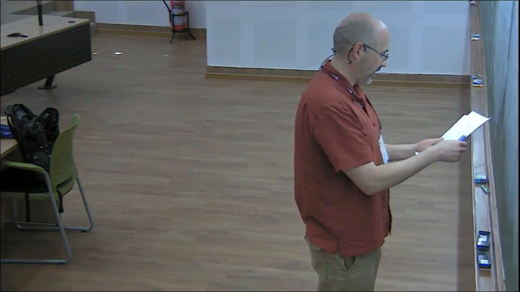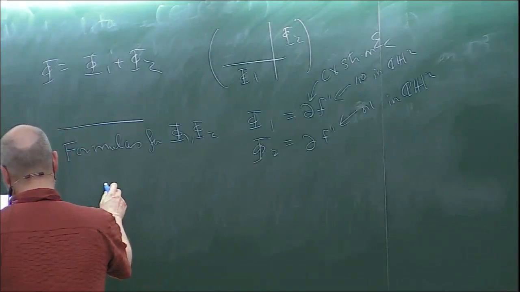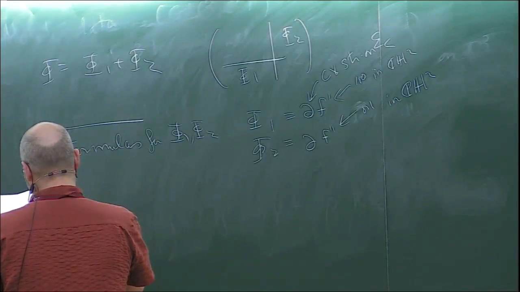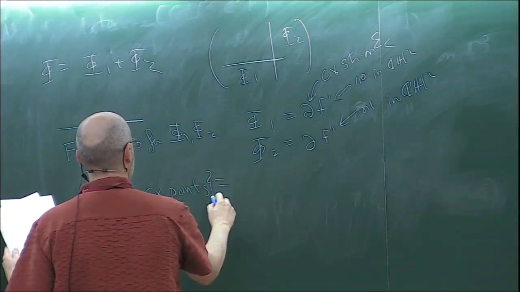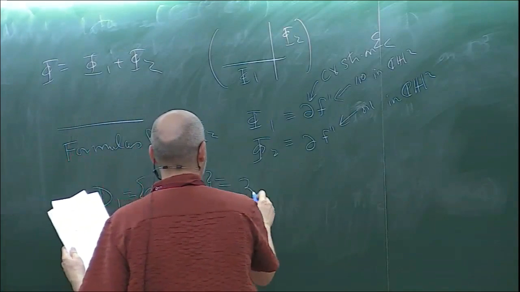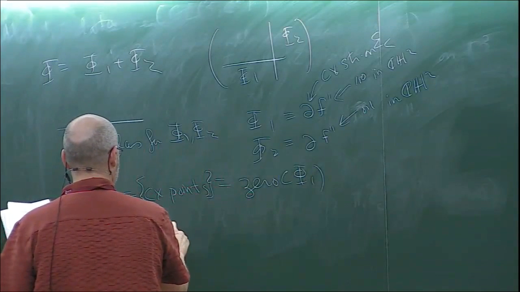So in particular here, we can find out that D1, which is going to be the complex points, this is going to be the zero set of phi1, and D2, this is the anti-complex.